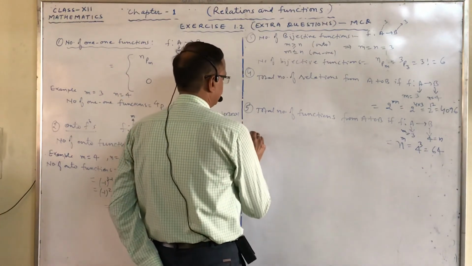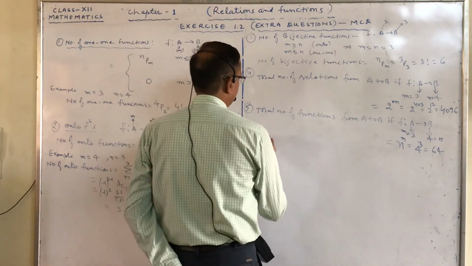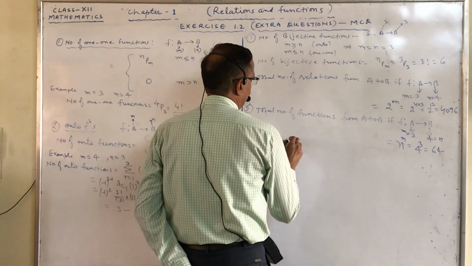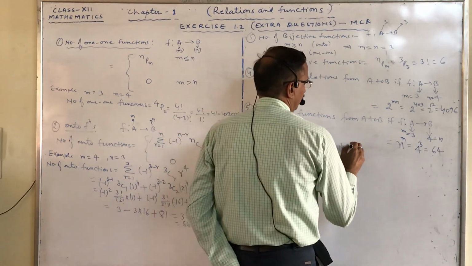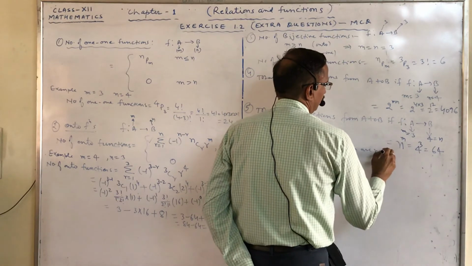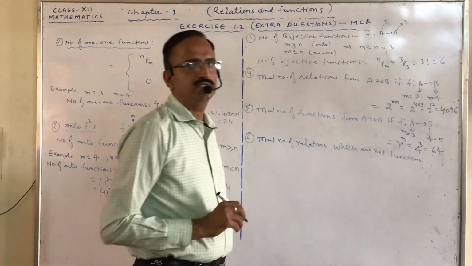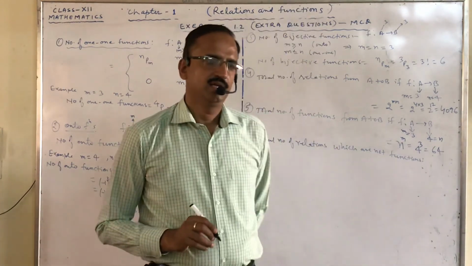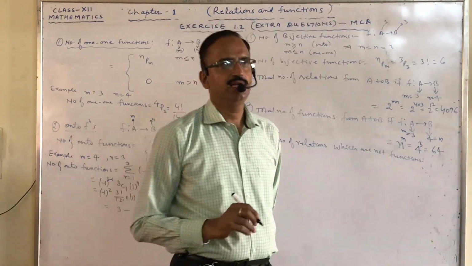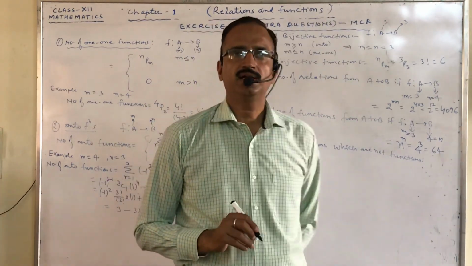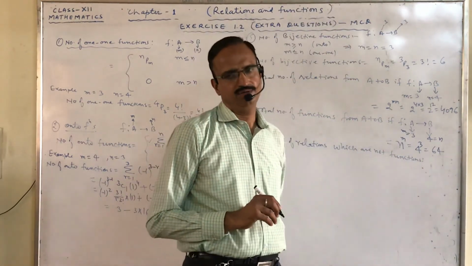Now, next is number of relations which are not functions. Total number of relations which are not functions. As we know that all the relations are not functions. Some relations are functions and some are not. If the relations are satisfying the condition of the function, then only we can say that the relation is a function, otherwise not.